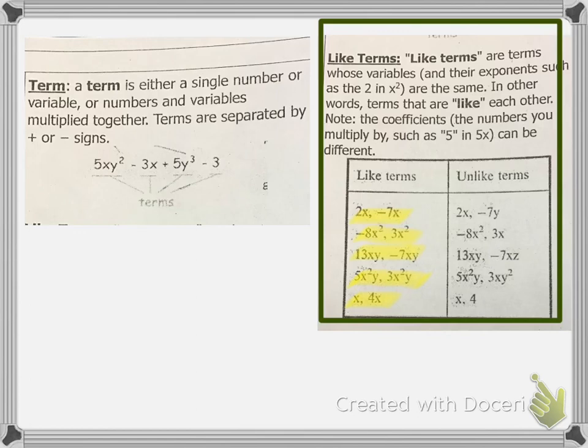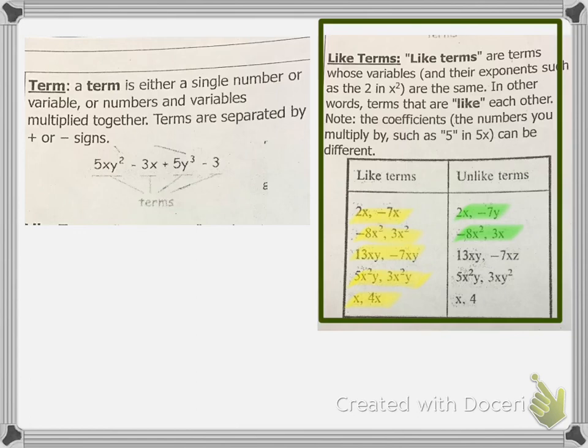Notice on the other side, unlike terms. If you look at 2x and negative 7y, they both have different variables, the x and the y, so they are unlike terms. Negative 8x squared and 3x have different variables.